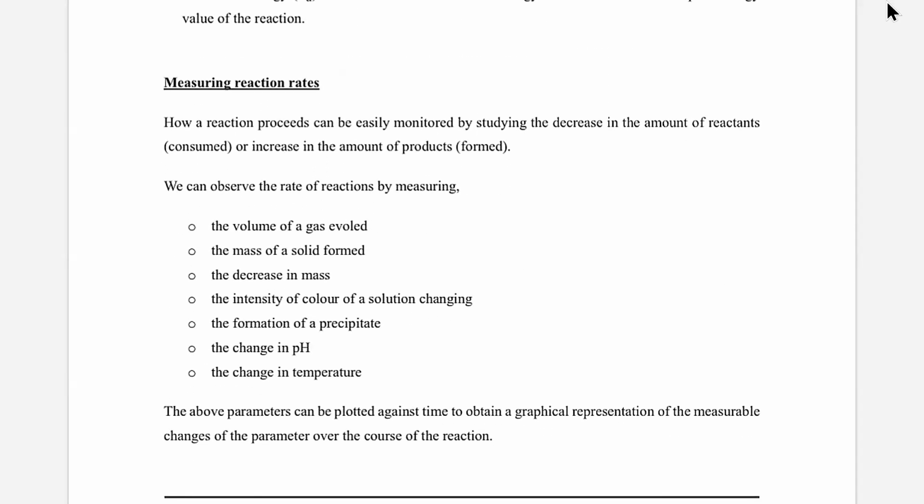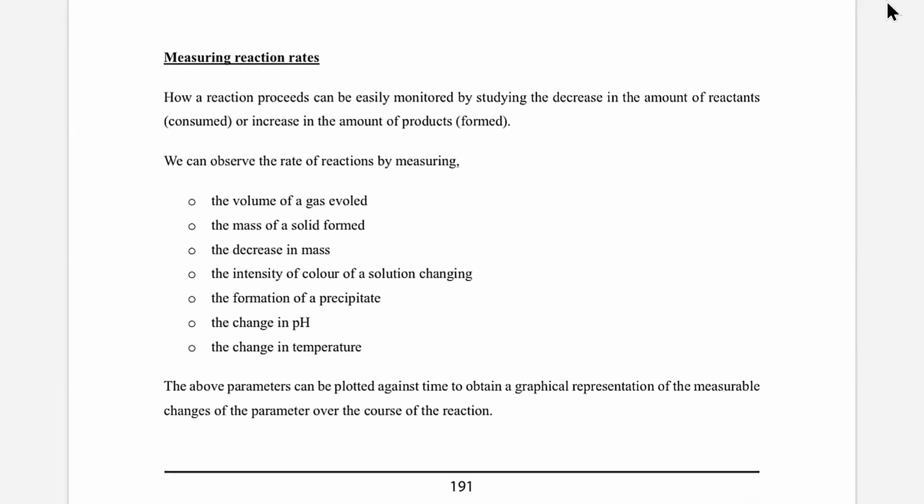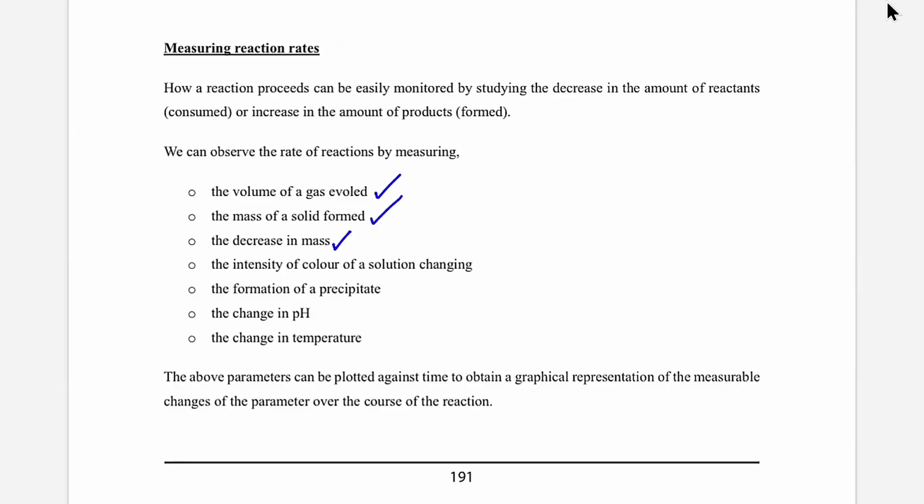Reaction rate, it's about the product, right? So you are going to measure on the product side the volume involved or the mass involved, increasing or decreasing mass. Then if it is an experiment involving color change, or a reaction which includes precipitation, you measure that.